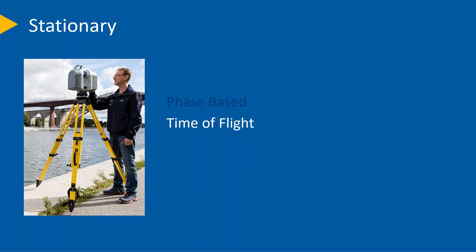Time of flight historically has been known for having longer ranges, not being quite as accurate at close range, but maintaining its accuracy over the entire range of the scan. In the past, it wasn't known as being as fast as phase-based, but in the last few years these two technologies have become very similar in that they both have similar scan times and similar accuracies as well. And then you also have scanners that are sometimes a hybrid of the two.